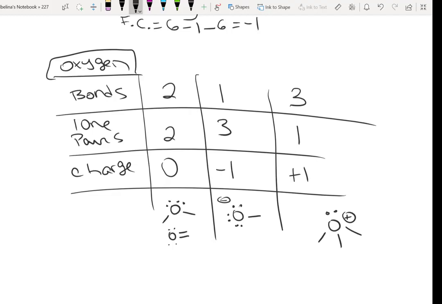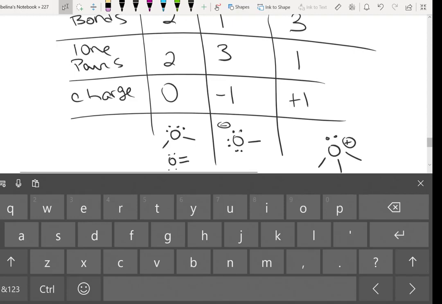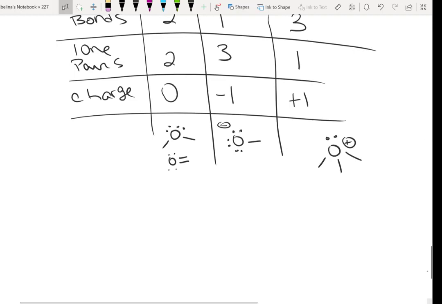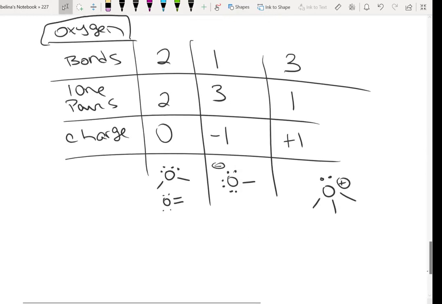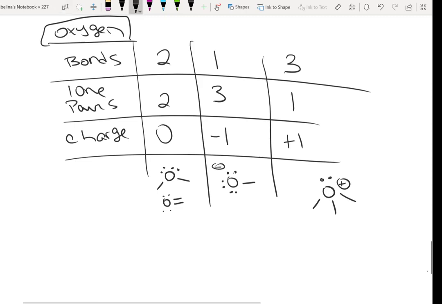If you forget this cheat sheet, and really it's the more you practice, the more you're going to be able to internalize this. But if you forget, remember the formula for formal charge. It's the group minus the number of bonds minus the number of lone pair electrons. And you always have your periodic table. Start at carbon, count 4, 3, 2, 1 towards the halogens for the number of bonds that give you 0 formal charge.